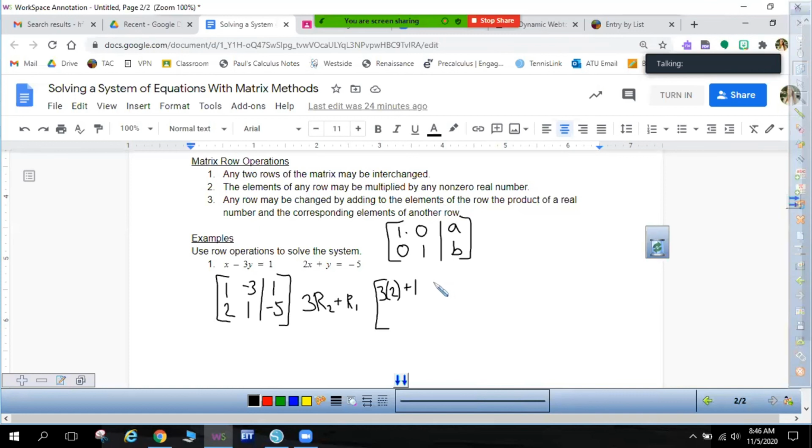Okay, the next one, we have 3 times row 2, and the number in row 2 is 1, plus the number in row 1 right here is -3. The last one, 3 times the number in row 2, which is -5, plus 1.